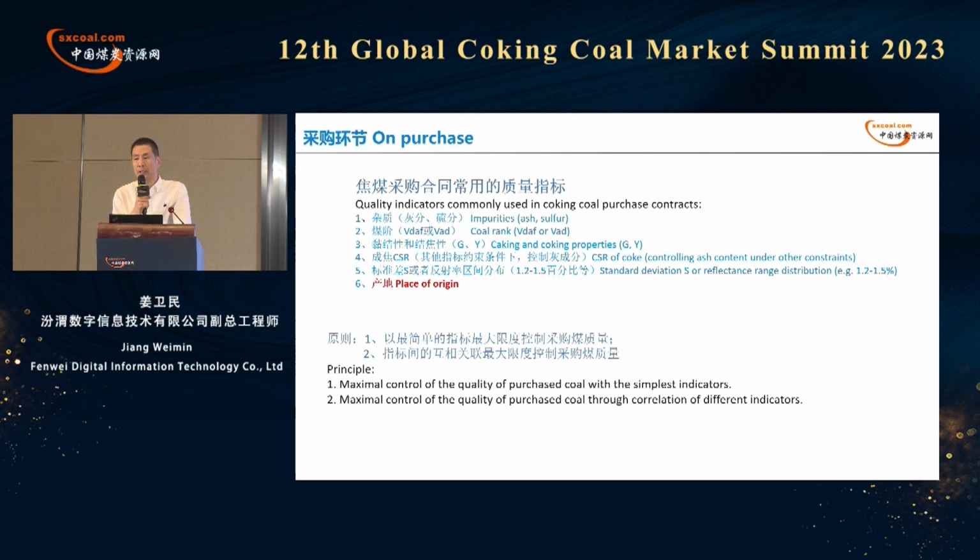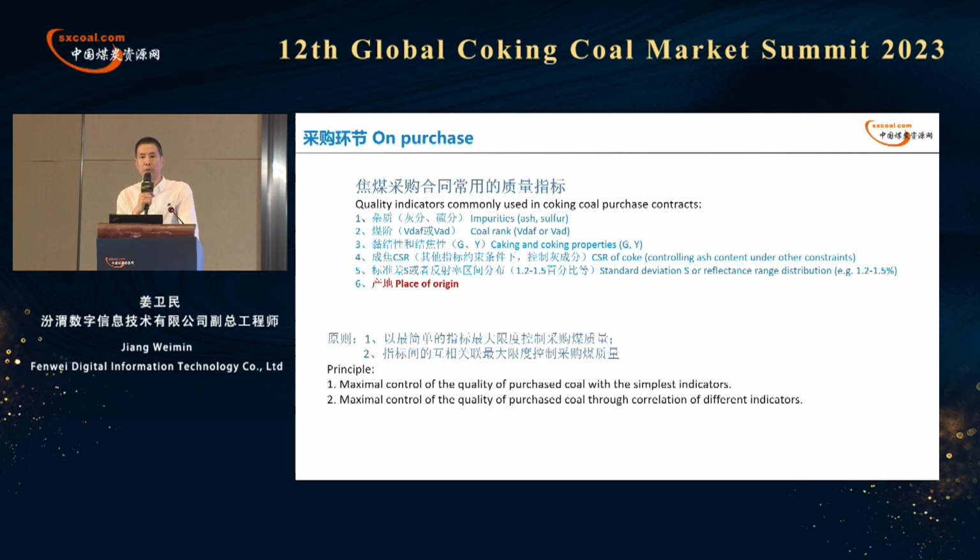So our principle is, first of all, to maximize the quality of purchased coal with the simplest indicators. And second is the maximal control of the quality of purchased coal through correlation of different indicators, that is, to find the instabilities with the minimum amount of indicators.